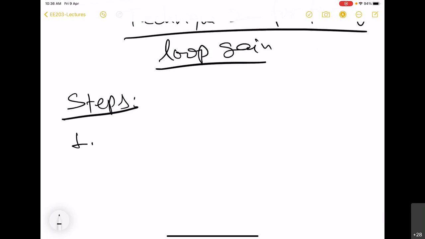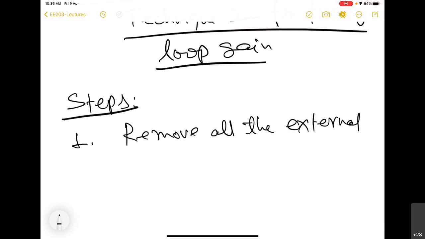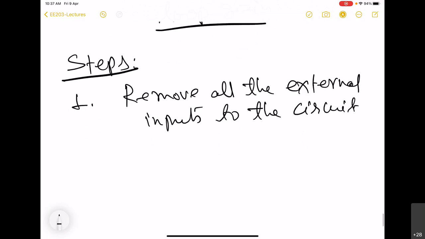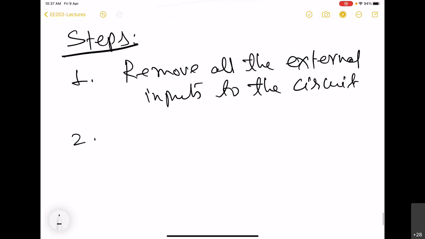So here, first step is exactly same as that of the previous case. In the second step, we really get the full freedom in deciding where to break the loop.